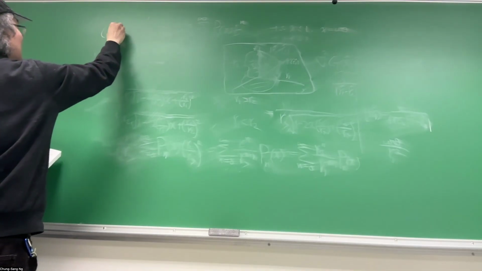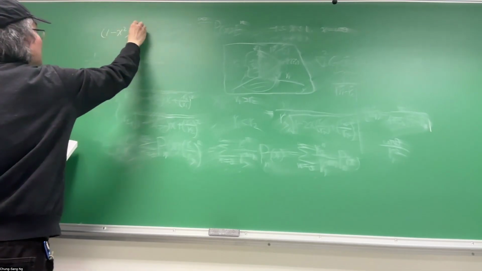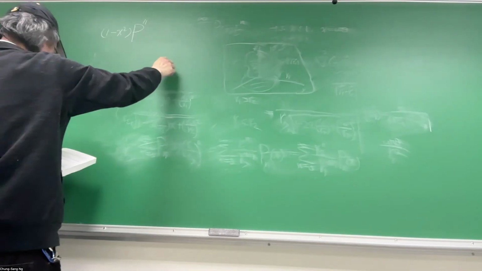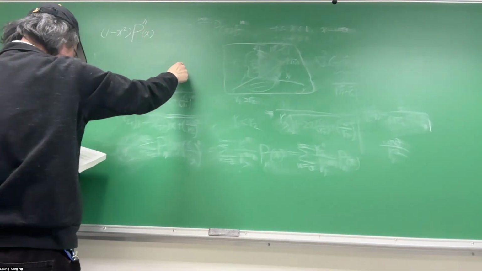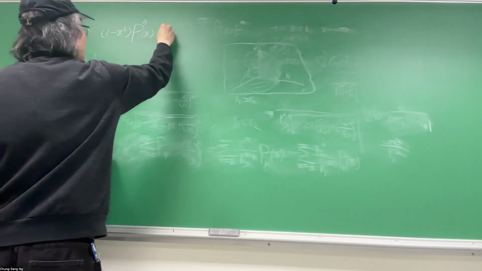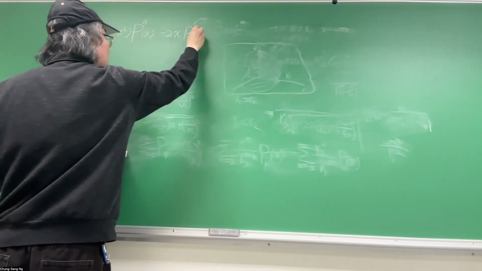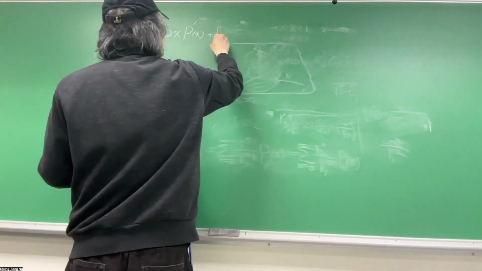Let's write it down. The differential equation is: P, its second derivative, d P over d x, and then you have this lambda.